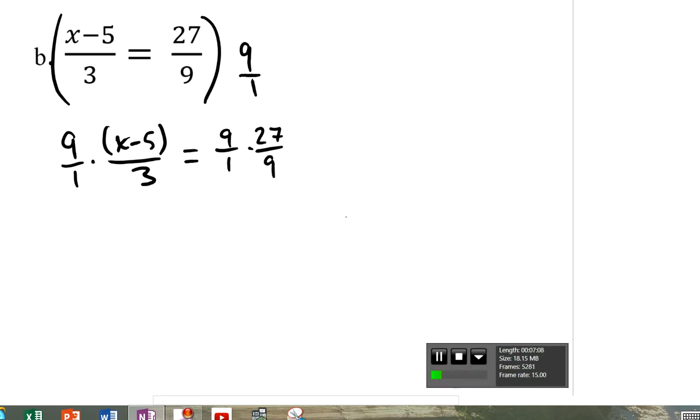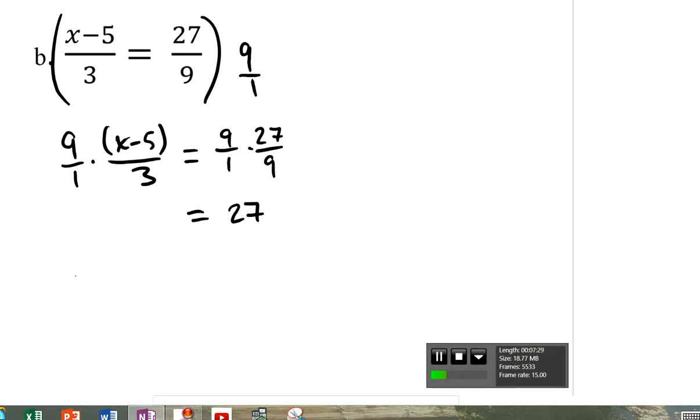Now there's a lot of good benefits to that, right? First of all, on the right-hand side, I can see I've got a common factor of 9. If I chose to rewrite it, you guys see I have a 9 in the top and a 9 in the denominator. That's a big 1. So 9 over 9 is 1, so I could just write this as a 27. Over on the left-hand side, 9 is 3 times 3.